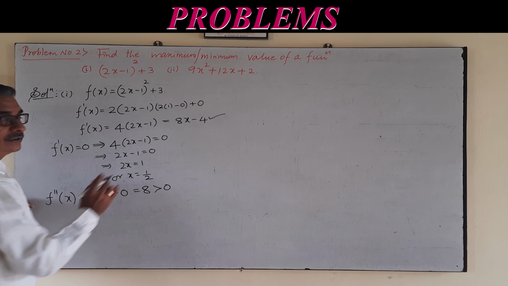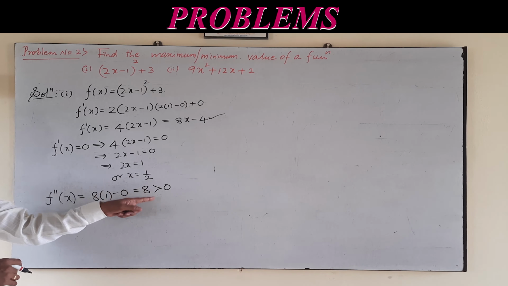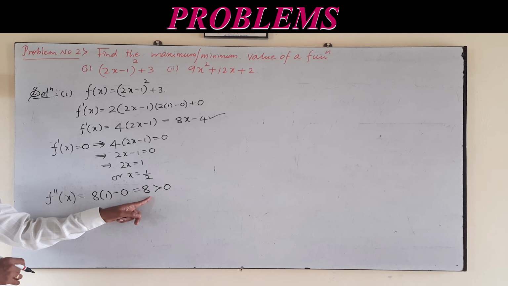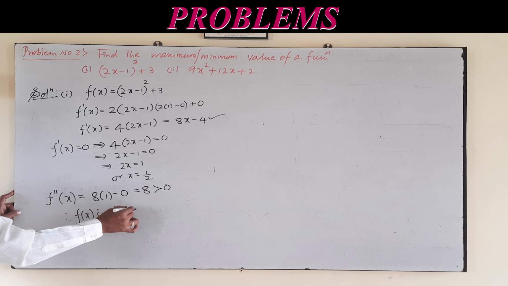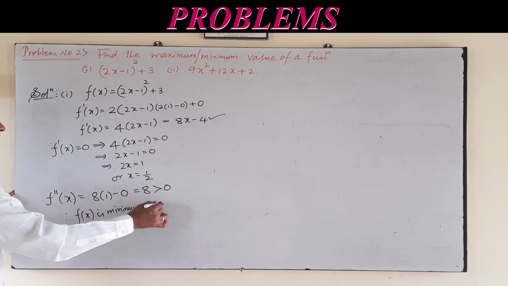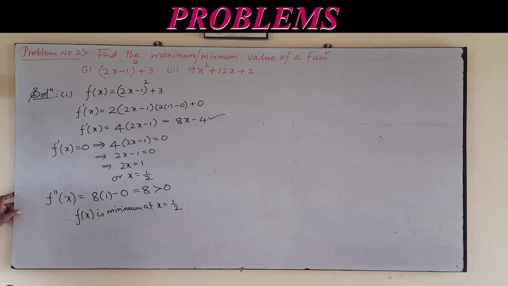You need not substitute the point again, because x did not appear, so a direct value has come: 8, it is a positive number. If it is a positive number, conclusion: the function f of x is minimum at the particular point x equal to 1 by 2.